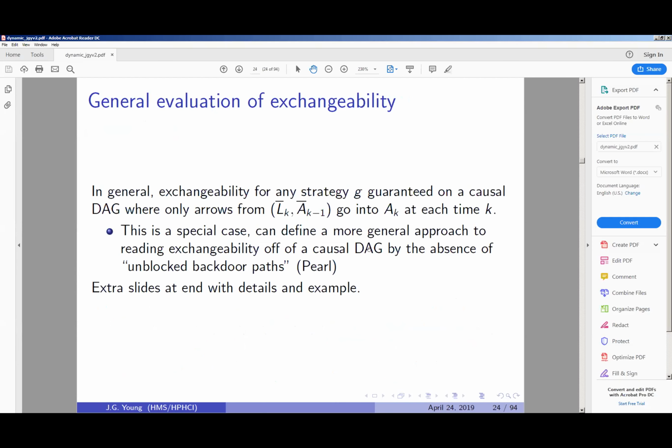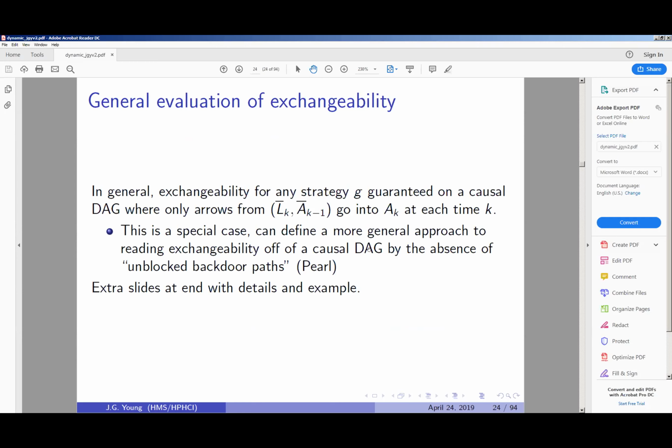So in general, exchangeability for any strategy G, that counterfactual conditional independence assumption, is guaranteed under the assumptions of a causal DAG where only arrows from past L's and A's go into future A's. In other words, there are no arrows from unmeasured variables into A. So that was the example that we gave before, and again, it's an assumption in a study like HIV-CAUSAL.